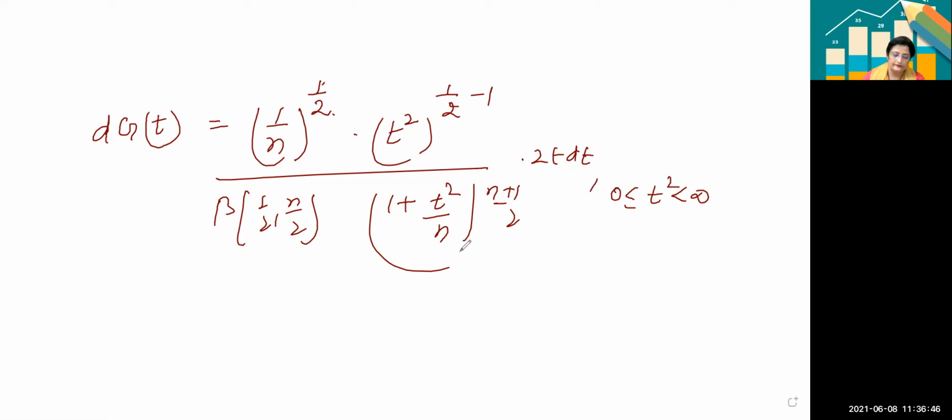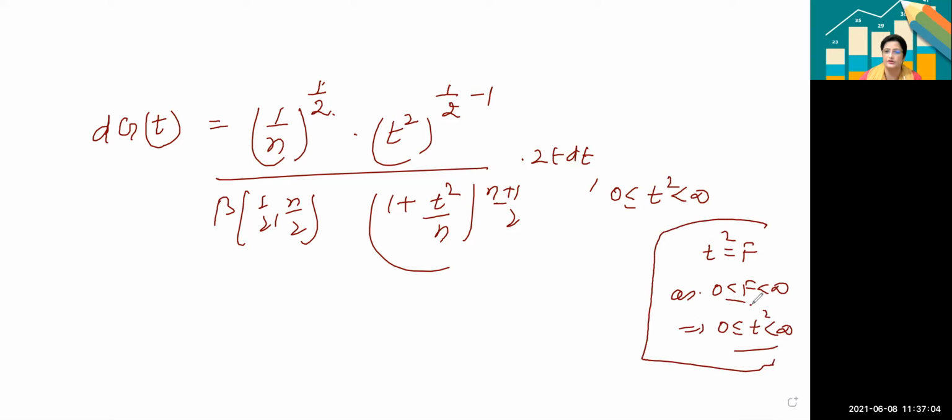Okay, because when you have taken T square is equal to F, at the same place you will write the limits as 0 is less than F less than infinity, which implies 0 is less than T square less than infinity. This is the derivation, and this is what we have written.